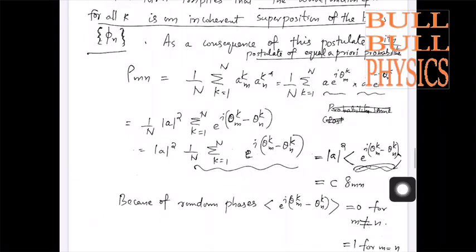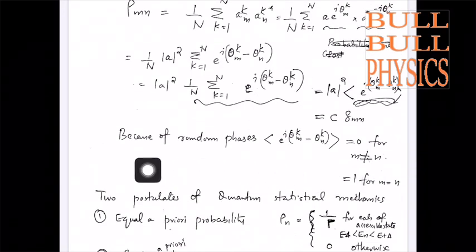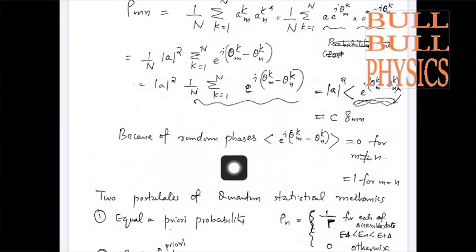Now, because of the postulate of random phases, the phases are all random. So as we sum over all the systems in the ensemble for these two states, this ensemble average will be equal to 0 for m not equal to n.